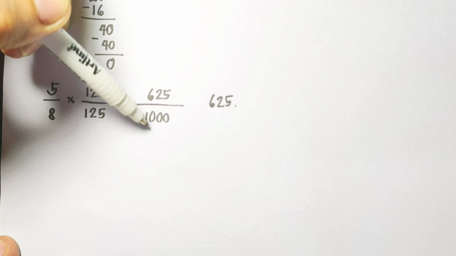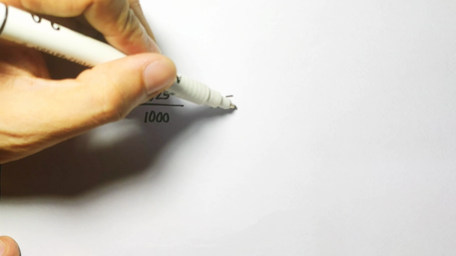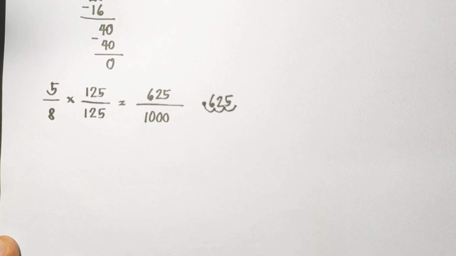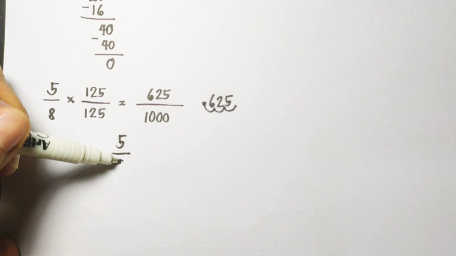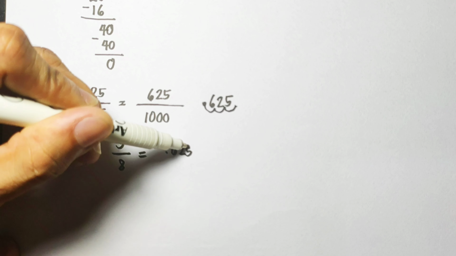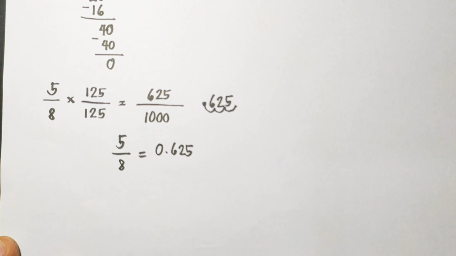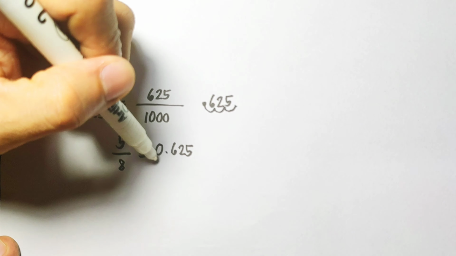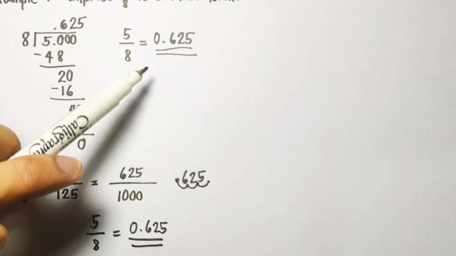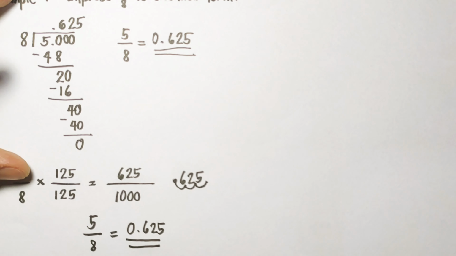Since tatlo ang 0 nitong 1,000, i-move natin siya ng tatlo. 1, 2, 3. So, therefore, 5/8 is also 625 thousandths or 0.625. So, same lang ng answer na nakuha natin kanina. So, let's go to the next example.